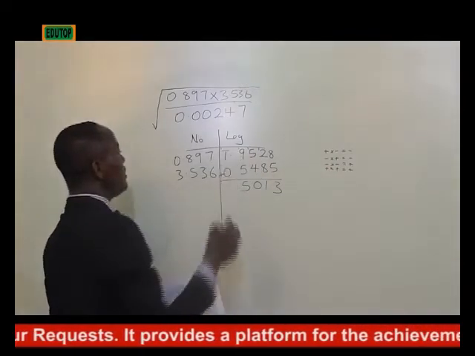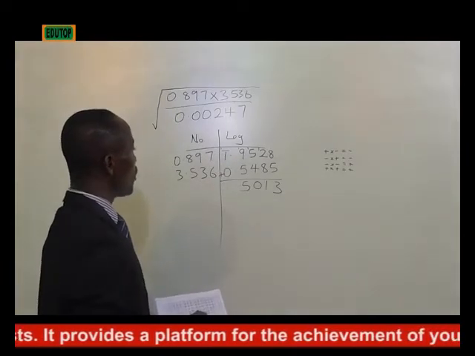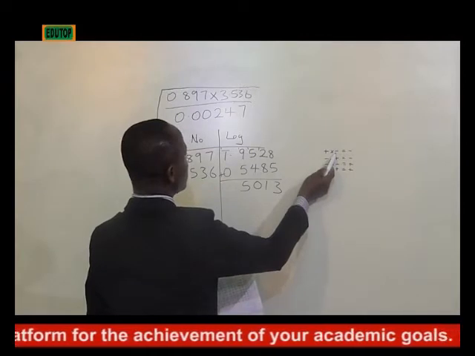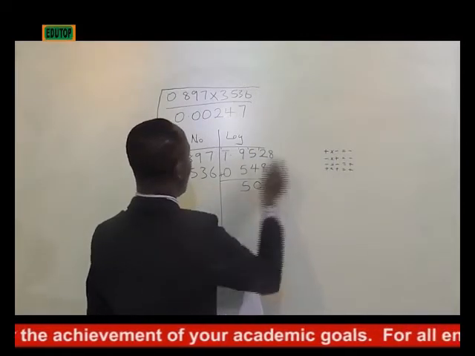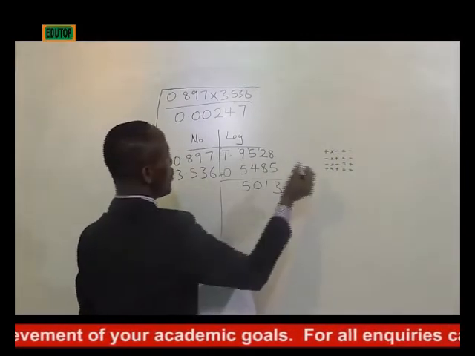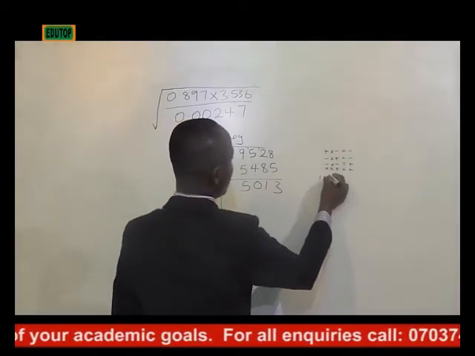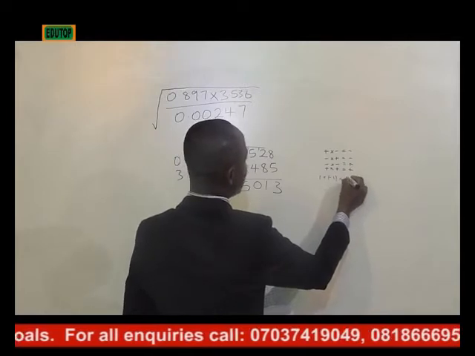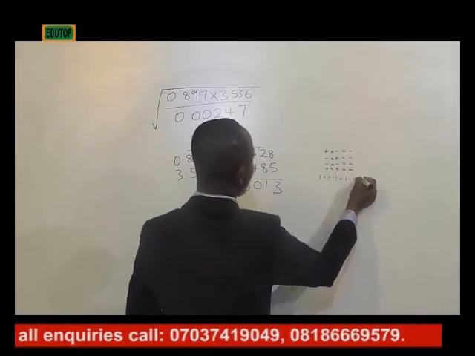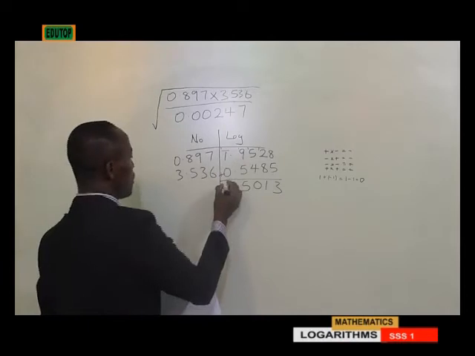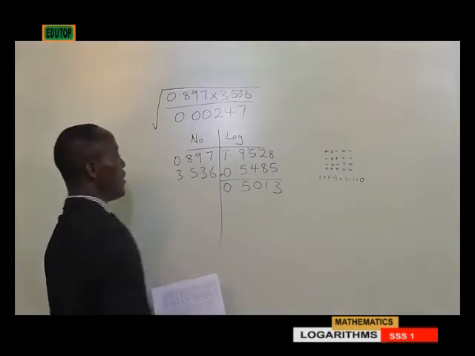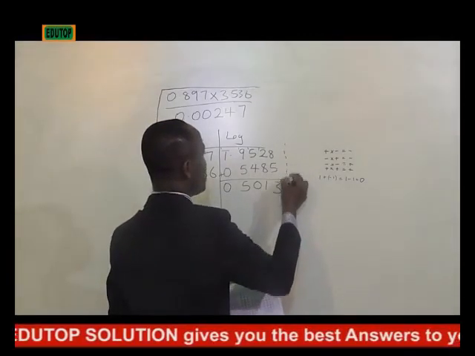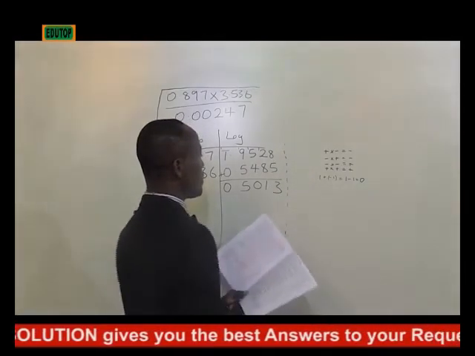So 1 plus minus 1 is the same thing as 1 minus 1, which is equal to 0. So we are now having 0 plus 0, that's 0 point. We are through with our numerator, so we bring out our answers.